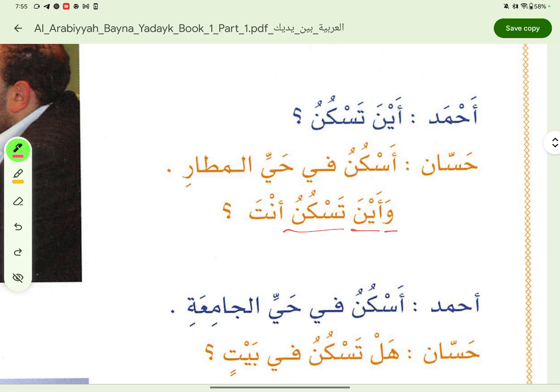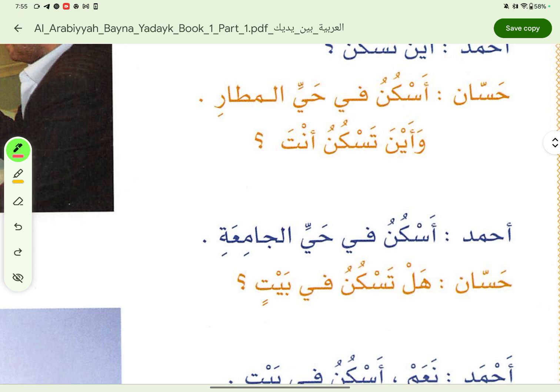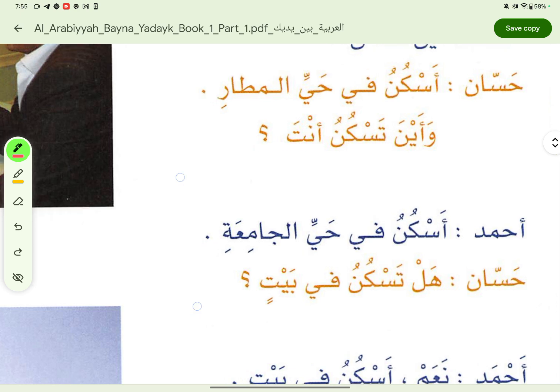But if I say aina teskunu anta, it is fine. As I said, the book does that in the beginning to allow you to associate certain verbs with certain nouns and pronouns. So they want you to associate certain things. So aina taskunu anta, or aina taskunu ant, even you heard it in the audio, he said aina taskunu ant.